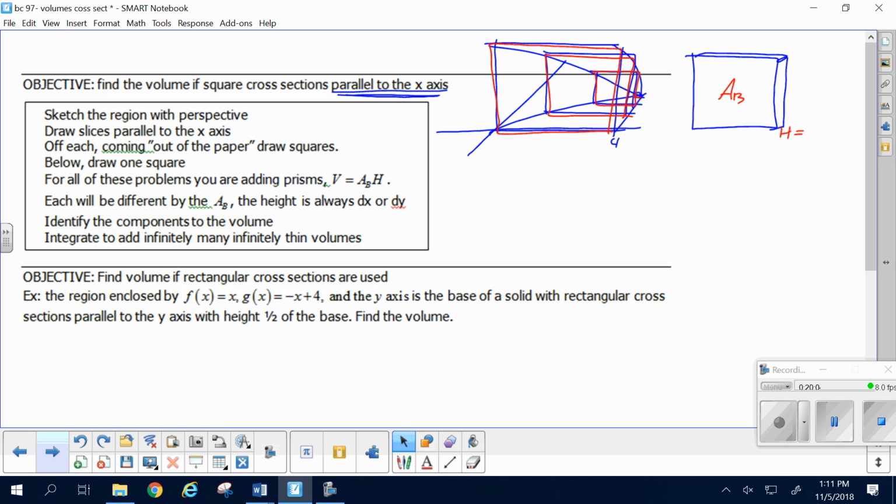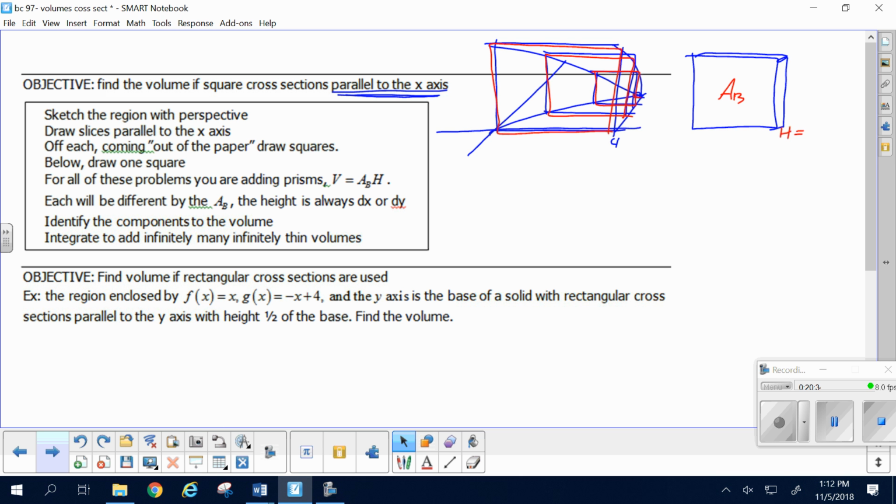So the base is square. The height is just square.